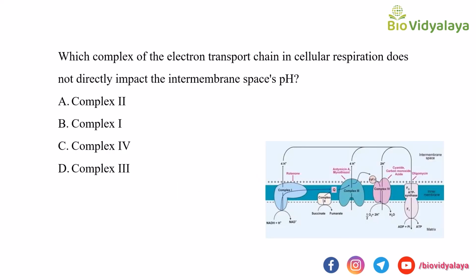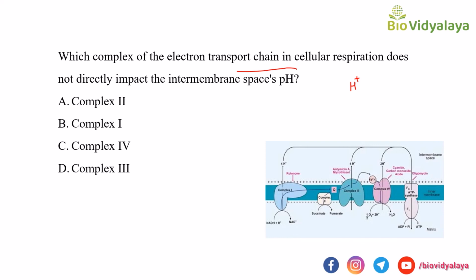This is the last question. Which complex of the electron transport chain in cellular respiration does not directly impact the intermembrane space pH? Options are option A complex 2, option B complex 1, option C complex 4, option D complex 3. So here intermembrane space pH means the concentration of H plus in the intermembrane space.